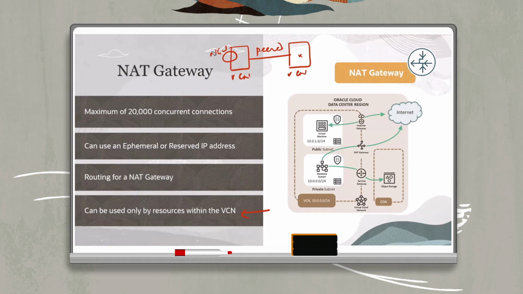No. Similarly, if this VCN is connected to your on-premises network, even the resources in the on-prem network that is connected to the VCN, they cannot use the NAT gateway. The conclusion is simple. A NAT gateway can be used only by resources that exist in the VCN to which the NAT gateway is attached.